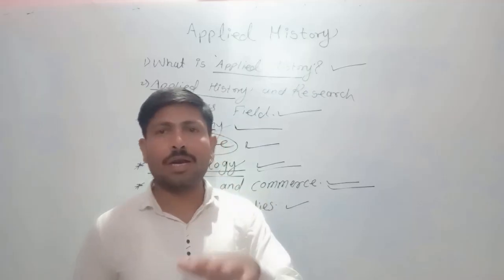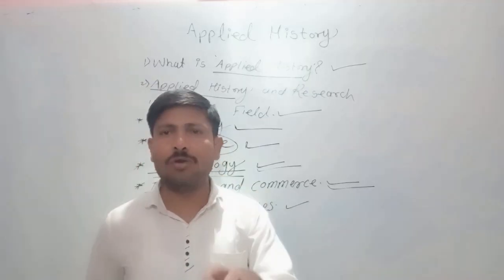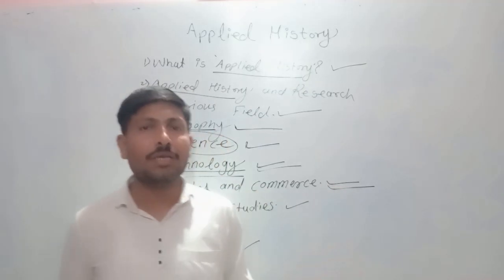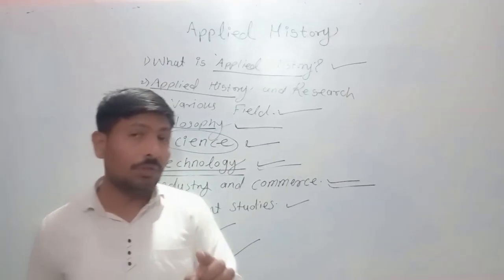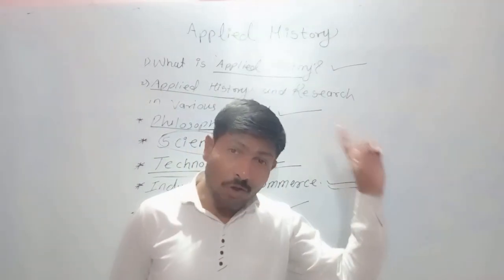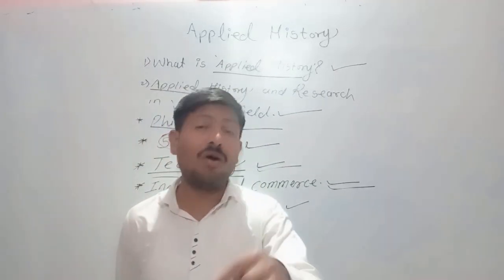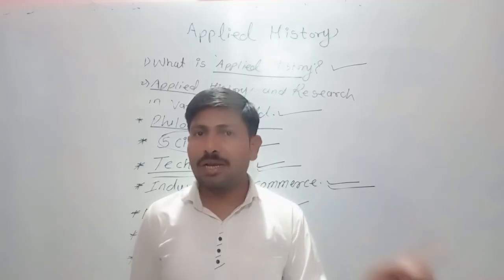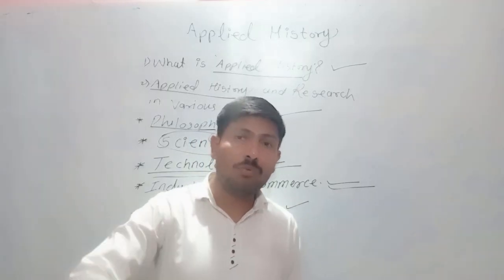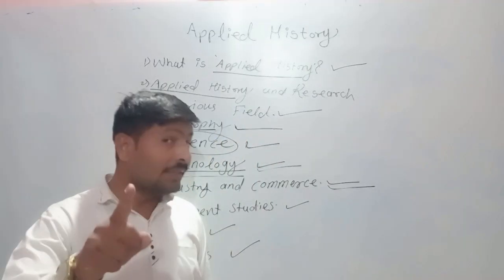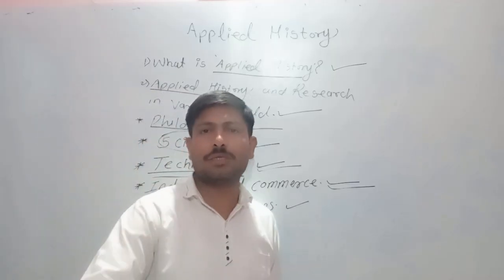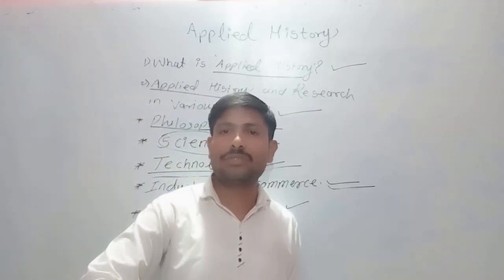Suppose you are appointed as an officer in a particular office, you should even know the history of that office, the history of the persons who were working in your place earlier. You should also know the nature of the person. That is also part of the application.